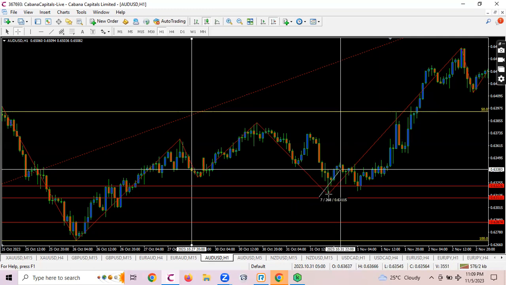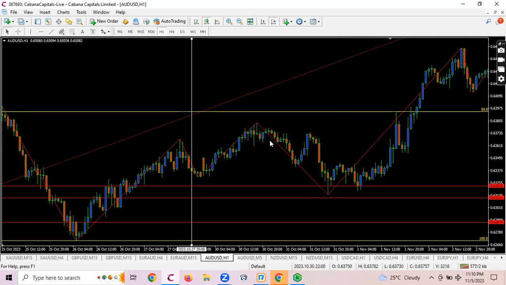Then it will be adjusted to this level after the market breaks out from this resistance. Immediately price breaks this previous resistance, I will adjust my stop loss to this level. Is that clear?